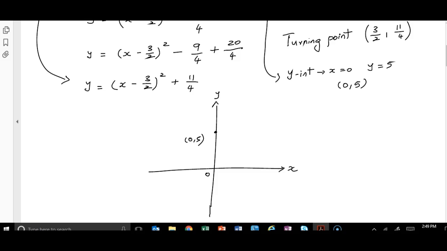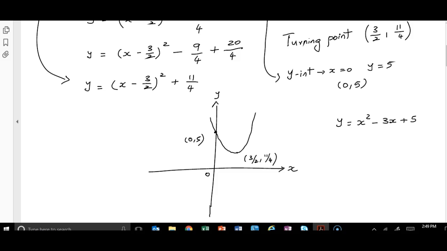So roughly plotting those points, we now have 3 on 2 and 11 on 4. Now our quadratic function is a positive quadratic because the x squared term is positive, which means it's going to be a U-shaped curve. We now join the points with the U-shaped curve, and that completes the question.